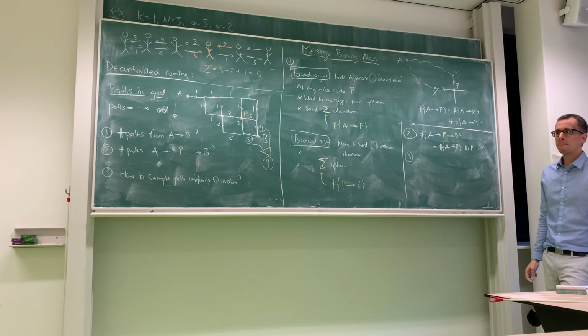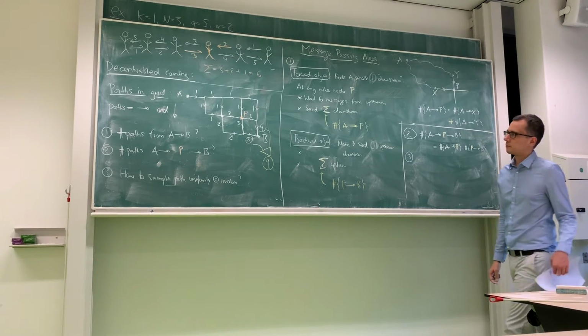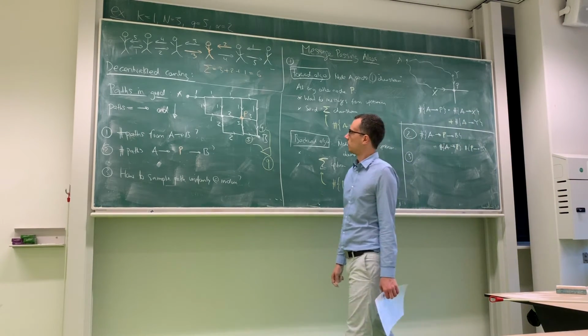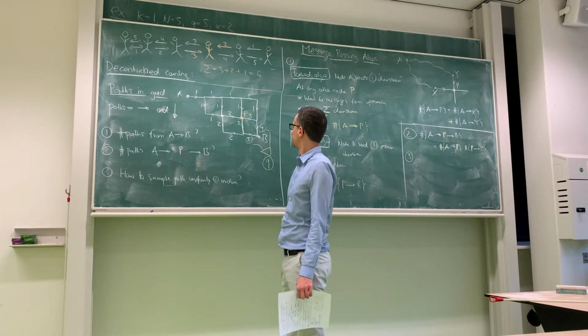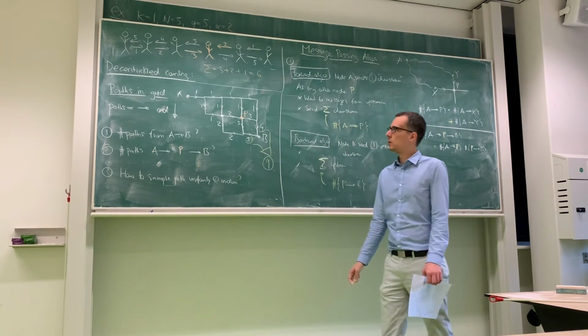Because you don't want 50-50, for instance, because then the paths with a lot of incoming nodes will get favored over paths with fewer incoming nodes. So you could scale it to the amount of incoming nodes, and then you will get a uniformly random distribution.